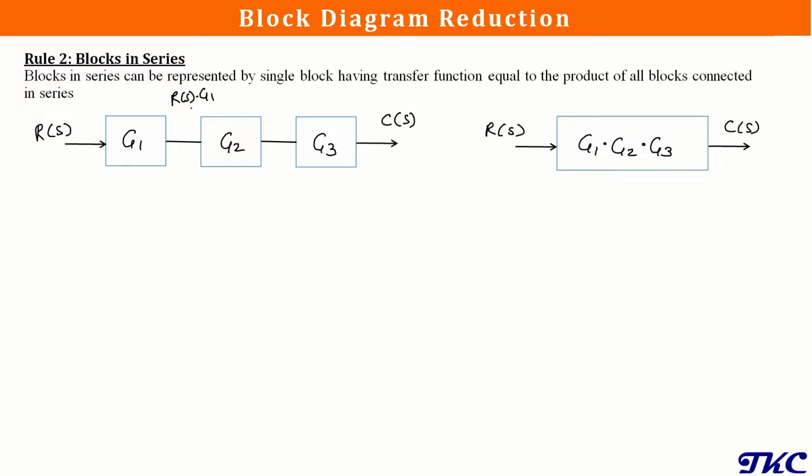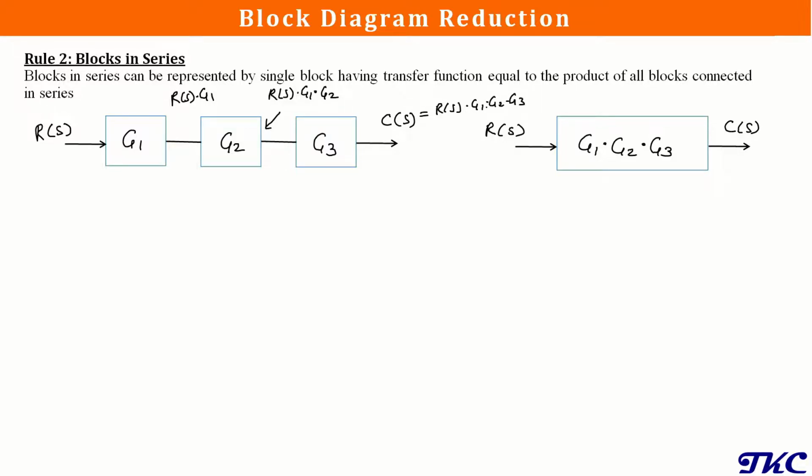This output becomes the input for G2, so at this end we will have R of S into G1 into G2. Similarly, after G3 we will have the output, which we generally represent as C of S, and that will be R of S into G1 into G2 into G3.